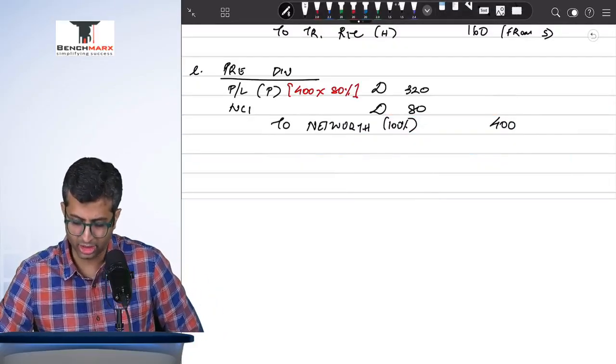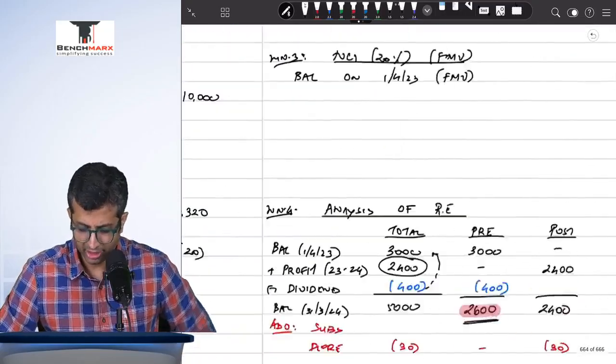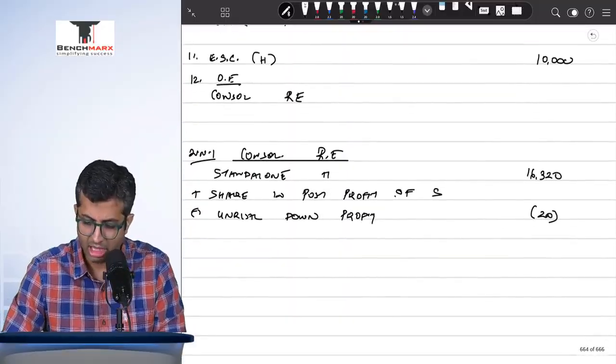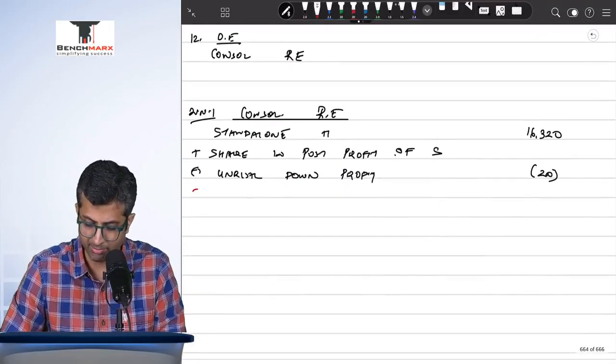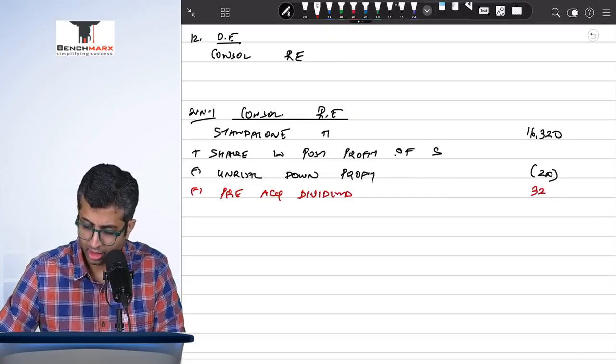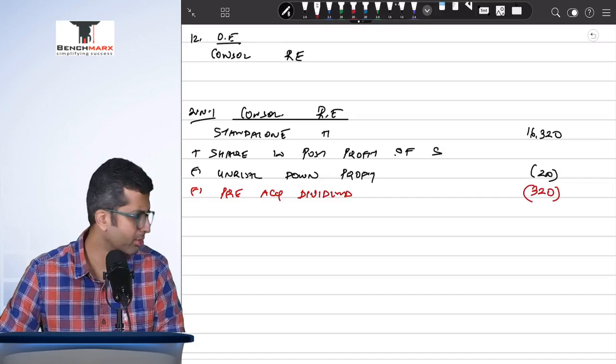But for this working, I will say this is a longer adjustment. You can even have a shorter adjustment, will give the same effect. But this is usually consistent. I can say minus pre-acquisition dividend, which is 320, which you have credited to your P&L, but it should not be.